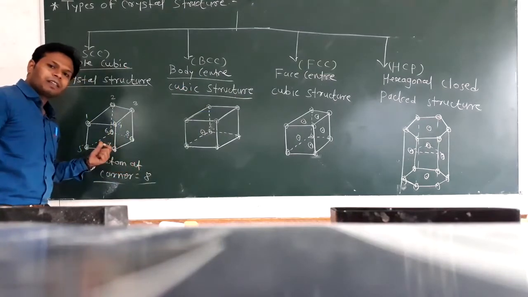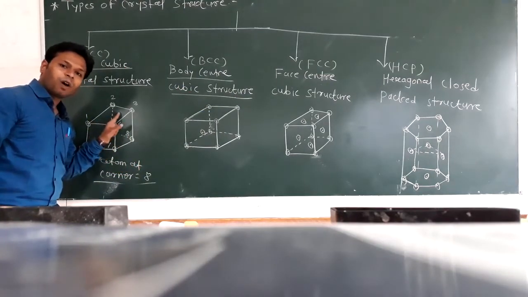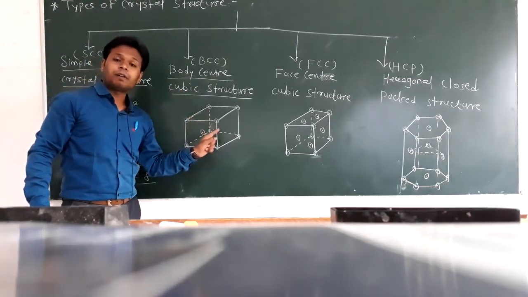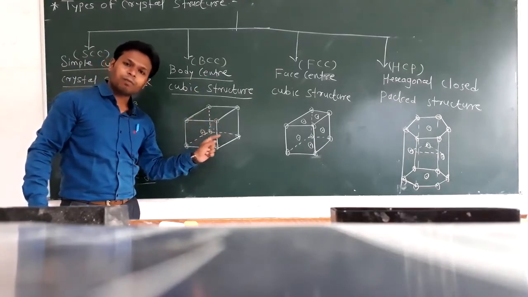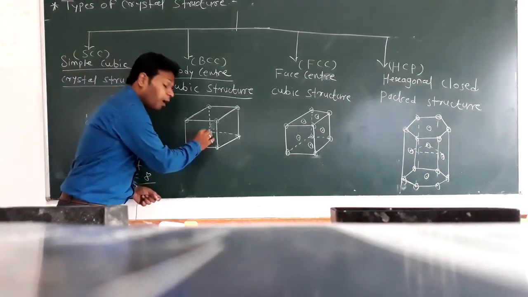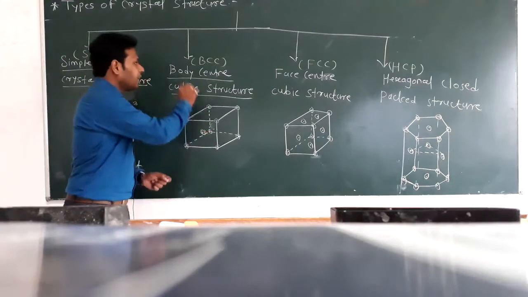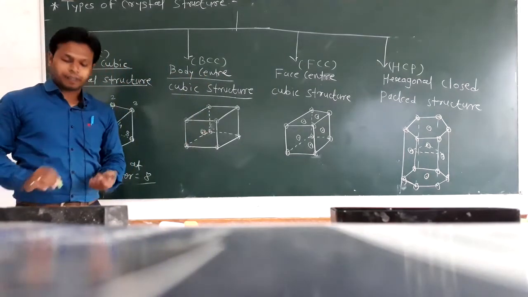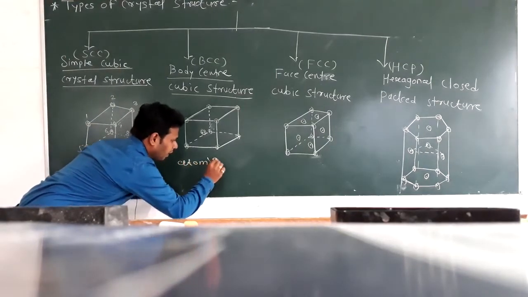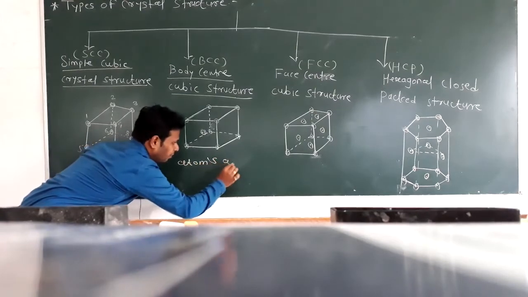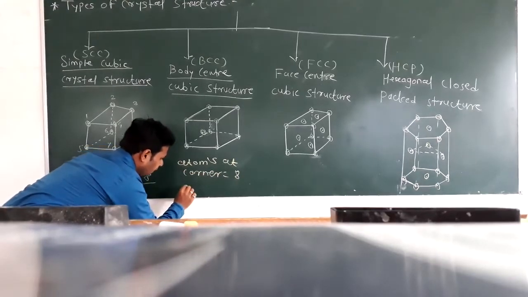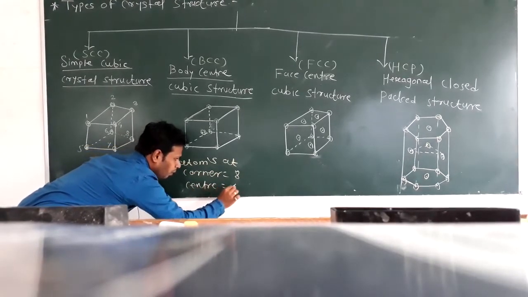In a simple cubic structure there are 8 atoms placed at the corners of the crystal structure, and in a body center cubic structure there are 8 atoms placed at the corners, and there is only one atom placed at the body of the crystal structure. Similarly, atoms at corners equal 8 and at center equal 1.